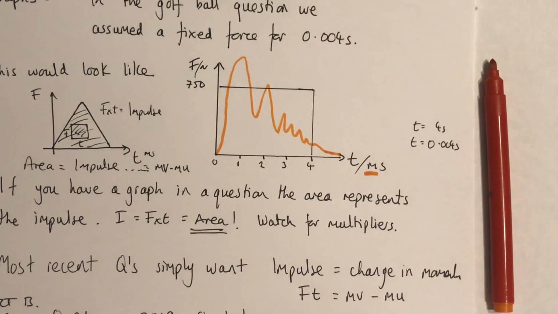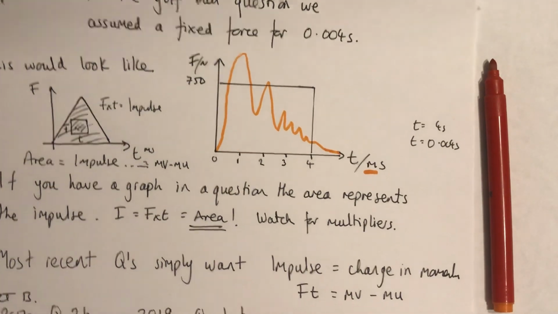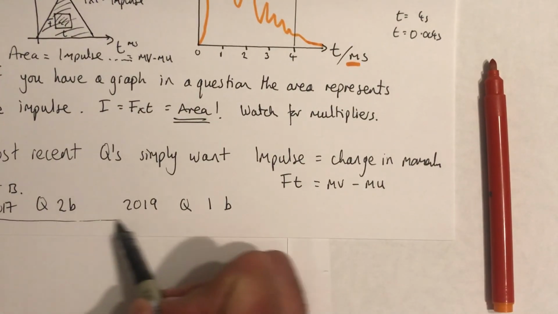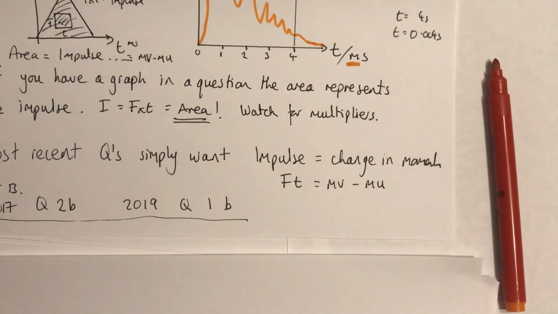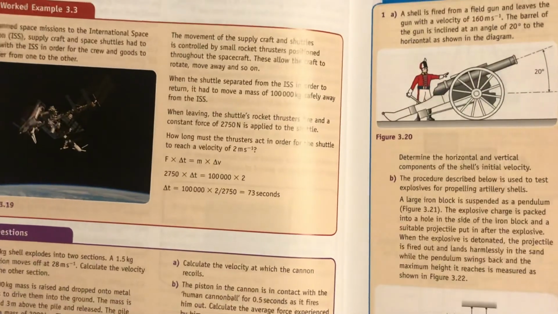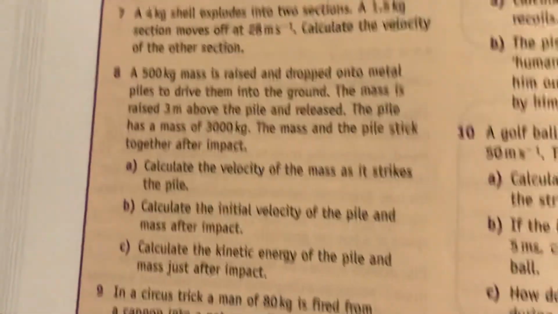If you want to have a little practice at this, you could have a go at the section B questions from 2017, question 2B, and 2019, question 1B. Those are things you can do on impulse and momentum as a bit of a challenge and see how you get on. Alternatively, you could work through your textbook questions, which might be a better place to start.